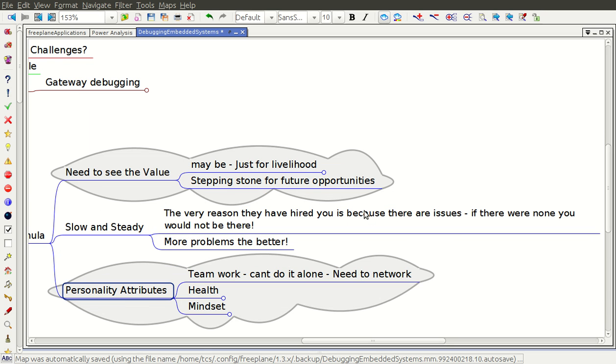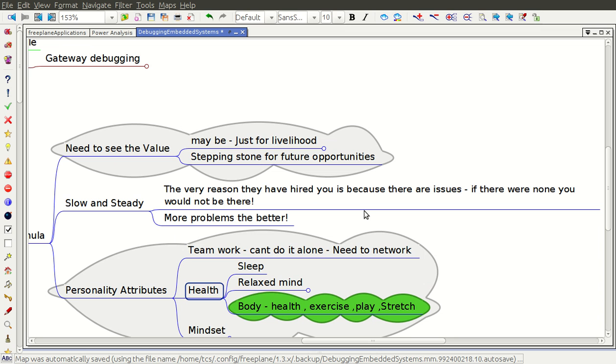Let us see what are the personality attributes that are required. It's a very complex system, so teamwork, you cannot do it alone, you need to network. Health is absolutely a must. We have to work smart, and there needs to be a mindset. If I talk about health, it is very important to get very good sleep, right?